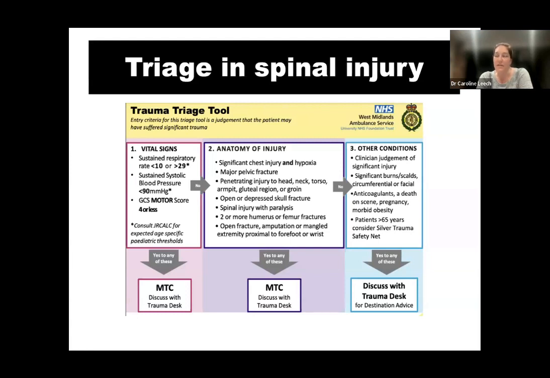And sometimes that's from hyperventilating. But if it's just pins and needles and there's no motor deficit, that shouldn't change your triage. We're looking for paralysis if we're going to take someone to a major trauma centre. A lot of those patients with the vague pins and needles turn out not to have any significant spinal injury, and they can be looked after just as well in a trauma unit.